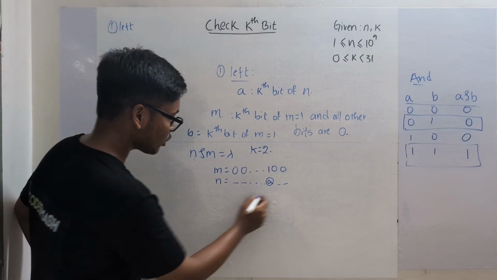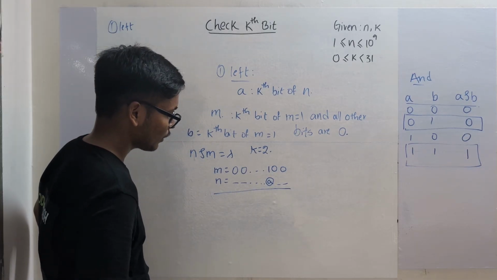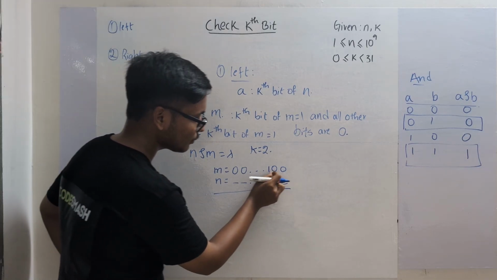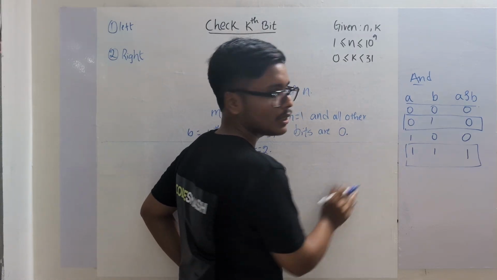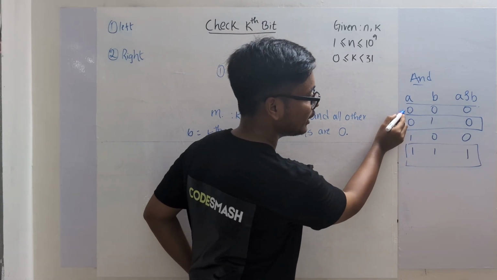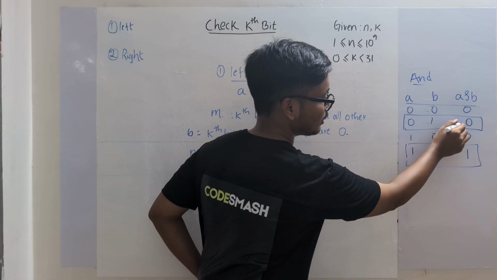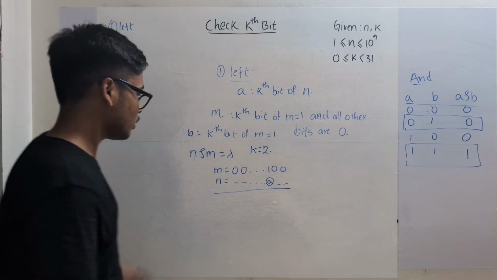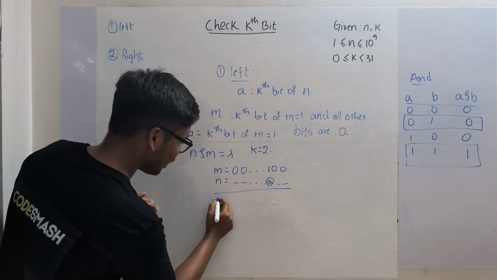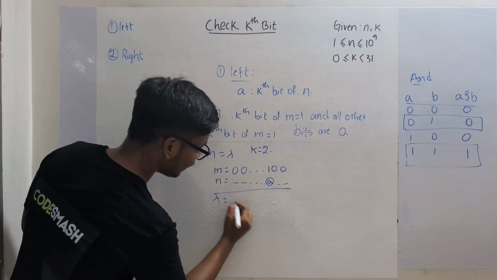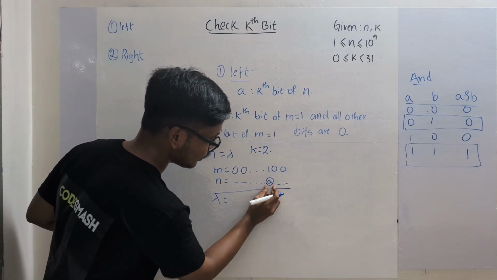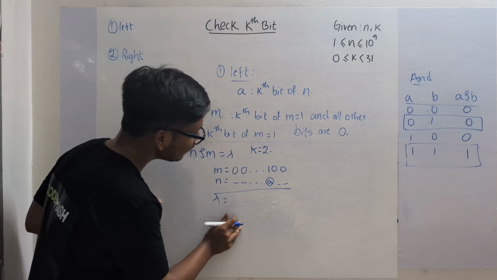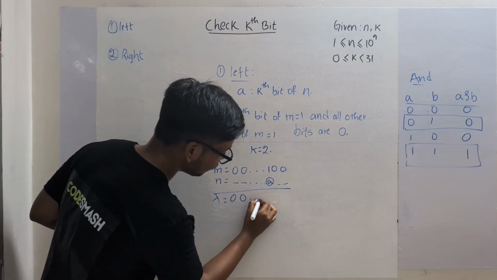If you do the AND operation of n and m, as we are having zeros here, 0 and anything is 0, right? If you look here, 0 and 1 is 0, 0 and 0 is 0 again. So in lambda, we can tell that except this kth bit, every other bit is definitely zero.